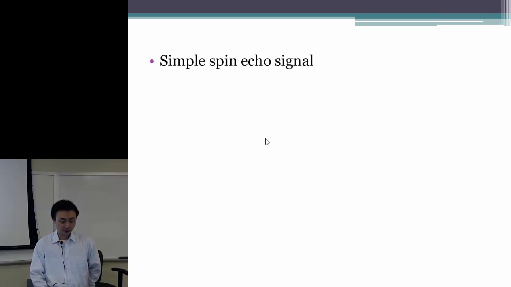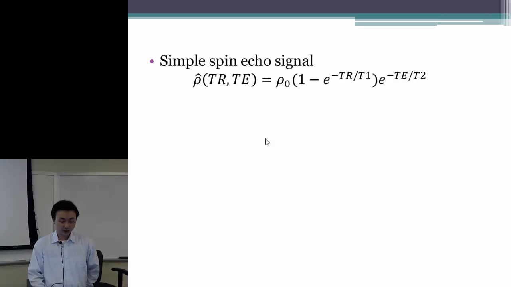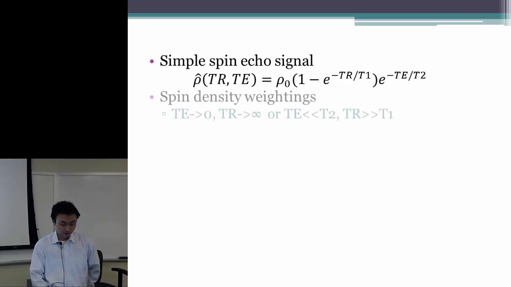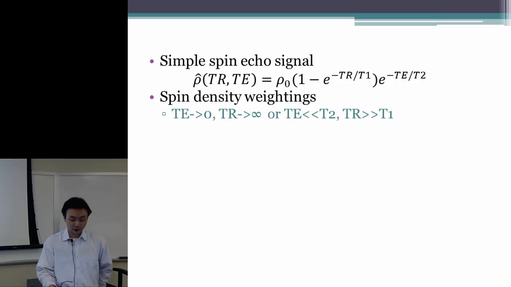When we have a simple spin echo, we know that its signal can be expressed in this simple way. It is weighted by the spin proton density, it's weighted by the T1 recovery, and it's also weighted by the T2 decay. To obtain spin density weighting in the image, we can use a very short TE and very long TR to achieve a mainly proton density weighted signal.